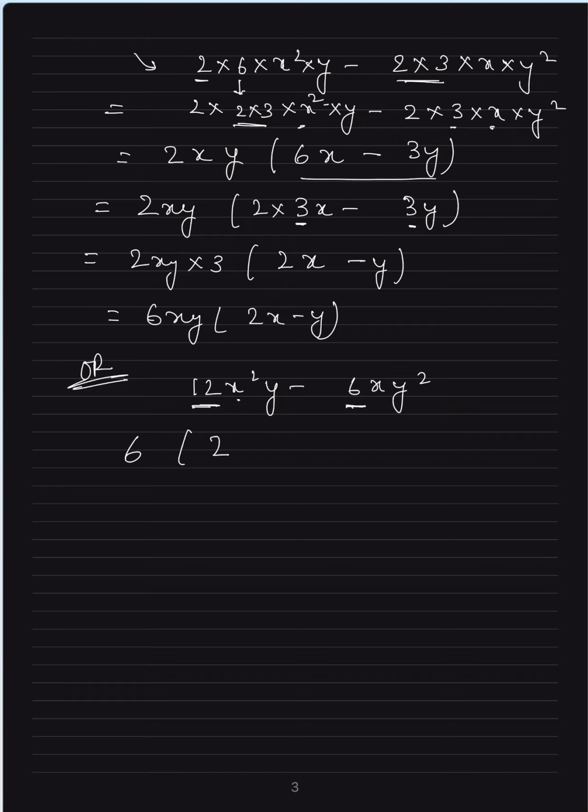Now from x square and x, I can take out x with the least power, and from y square and y, I can take out y. So this will be 2x minus y, since x is already out. Got it? This is the easiest way. Instead of doing all these things, you can take it as the table of 6.